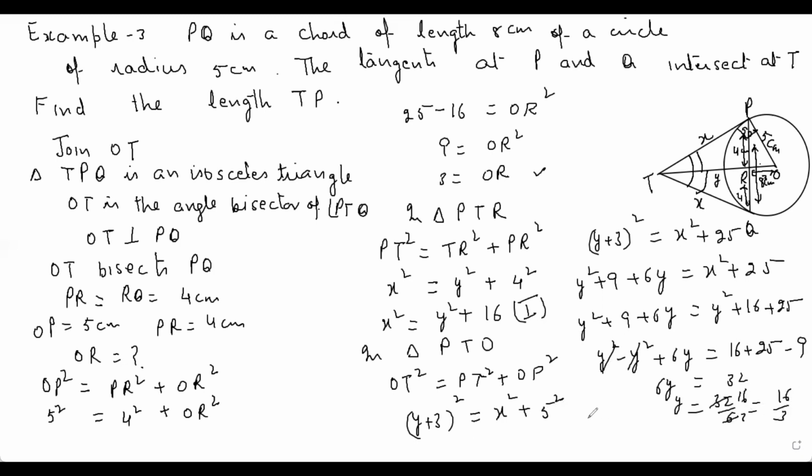Now I am to find the value of X. So X square is equal to Y square plus 16. It means 16 by 3 whole square plus 16. 256 upon 9 plus 16.